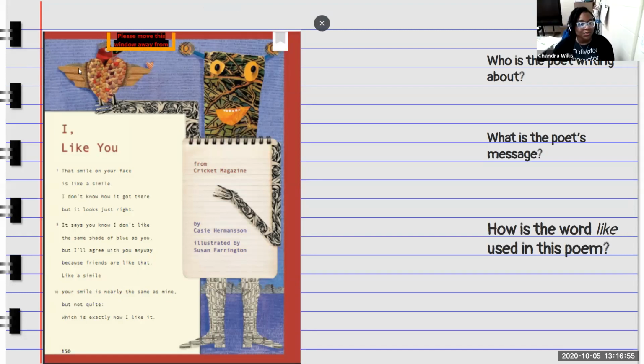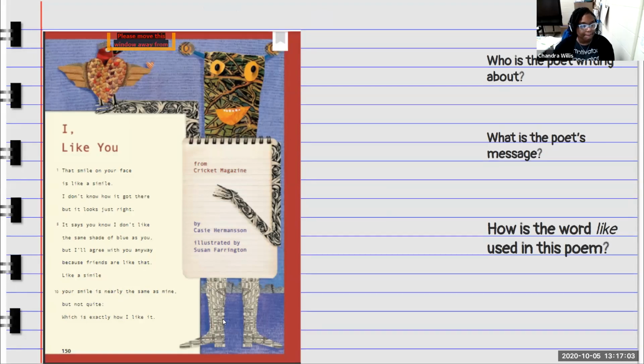Remember Recess? So Recess, the one that we read, how is this one different from that one? Do you need help? I'm going to get Beautiful to help you. Beautiful, can you tell me what is different about this poem than the other one?